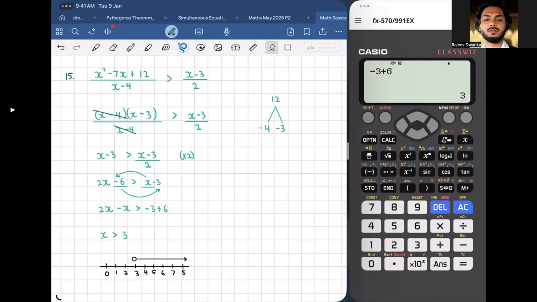It could be difference of two squares, it could be GCF, greatest common factor, it could be a binomial or quadratic. Normally the question is in parts, so they would tell you to factorize the first part and use that to do the other question. But if they don't tell you, you need to recognize it yourself.